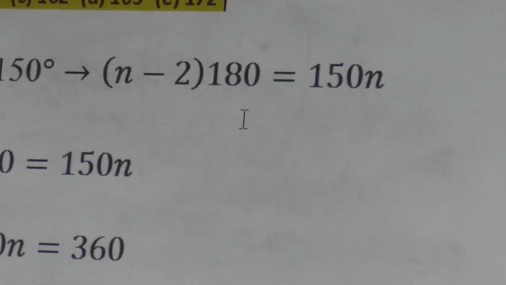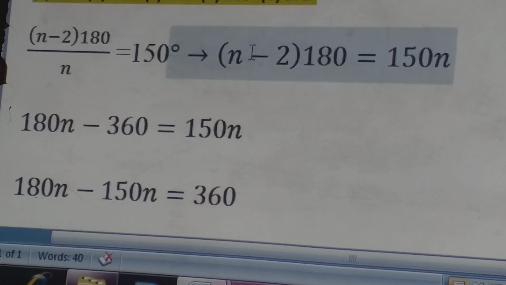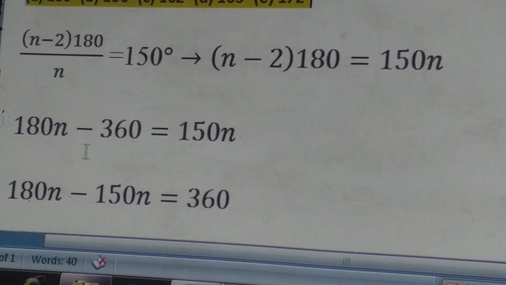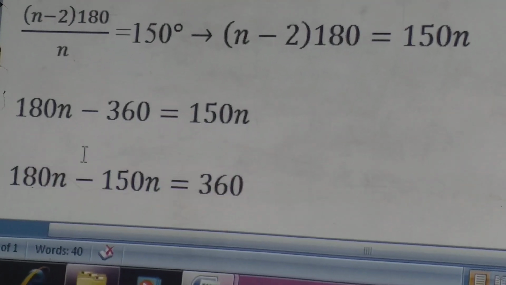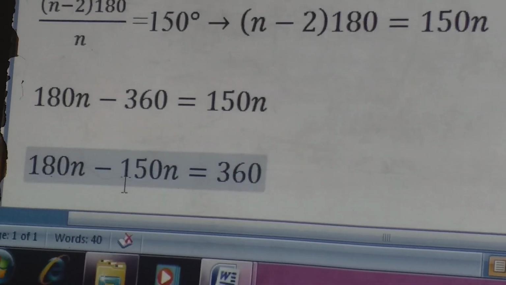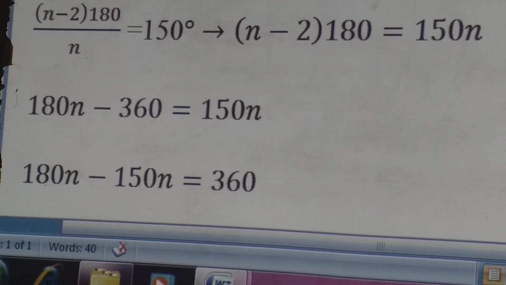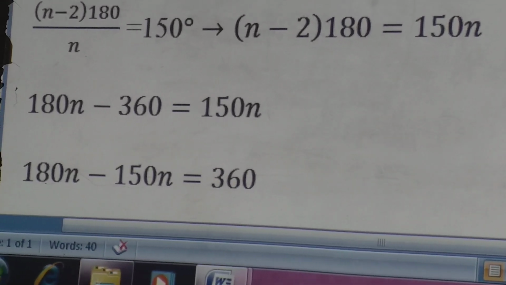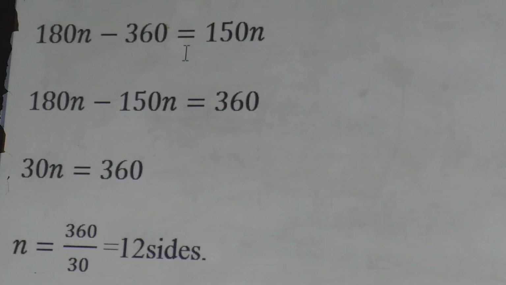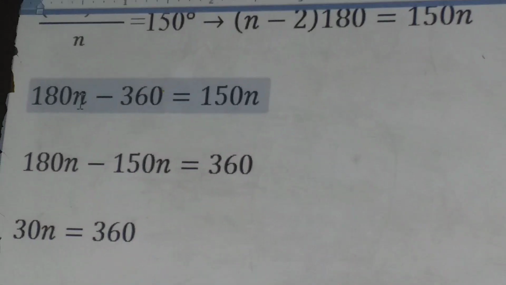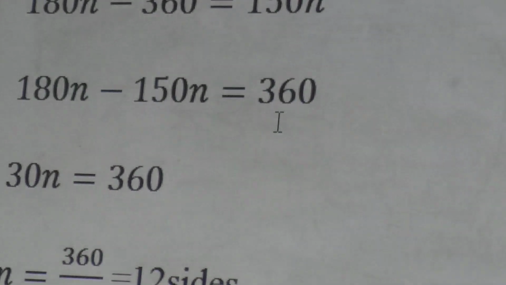Next we remove brackets by multiplying by 180. So 180n minus 360 equals 150n. Then we collect like terms: 180n minus 150n is equal to 360.